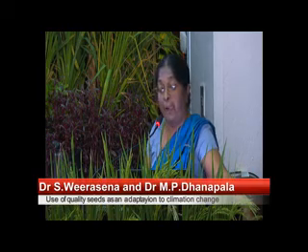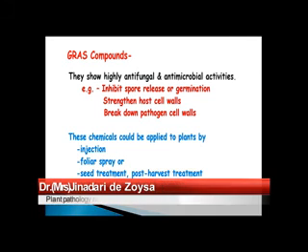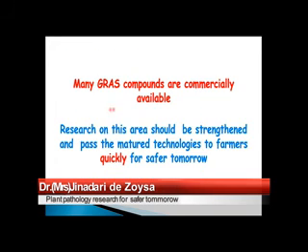These chemicals could be applied to plants by injection, foliar spray, seed treatment, post-harvest treatment, soil drench, etc. Many GRAS compounds are commercially available. Research in this area should be strengthened and mature technologies passed to farmers quickly for a safer tomorrow. If we delay these processes, actually we have failed in safer agriculture.